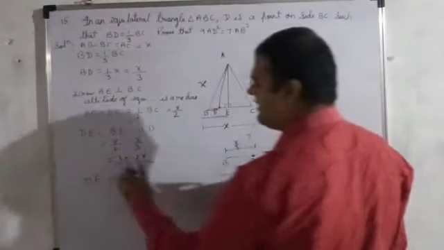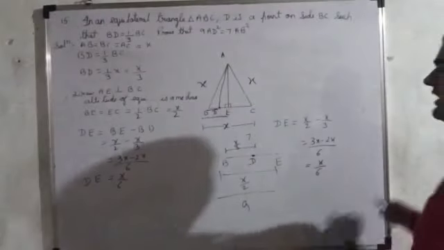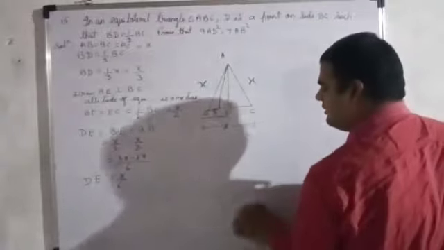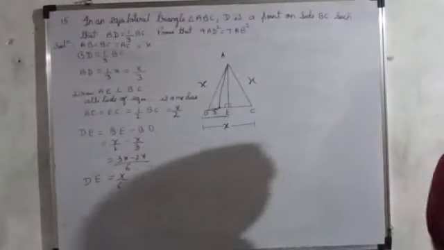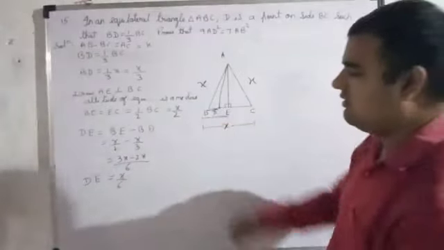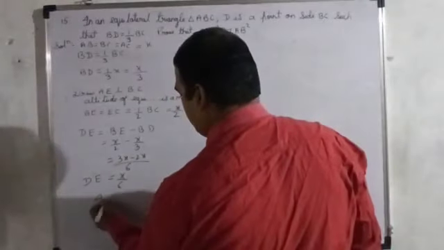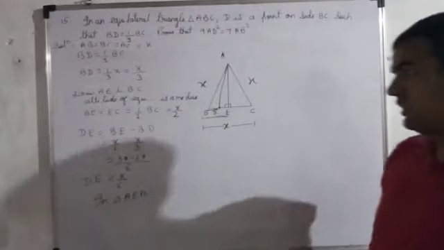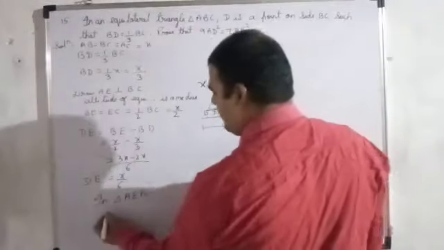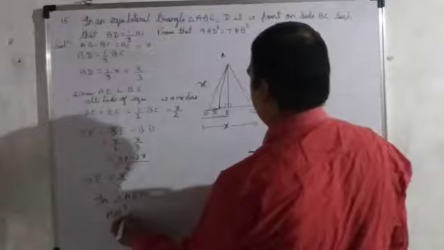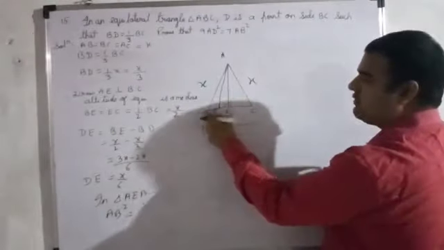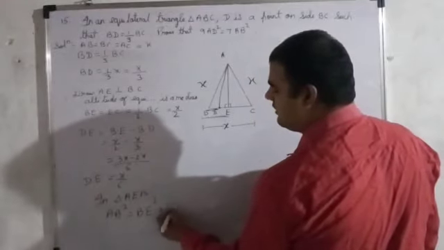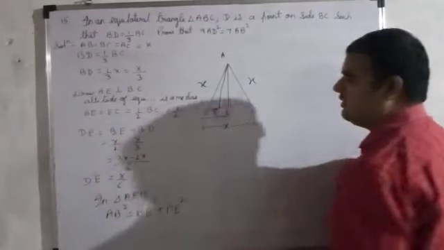Now the rest of the part is very easy. Just apply the Pythagoras theorem. First, which triangle will we take? We will take AEB. In triangle AEB, you know the Pythagoras theorem: AB square equals BE square plus AE square.